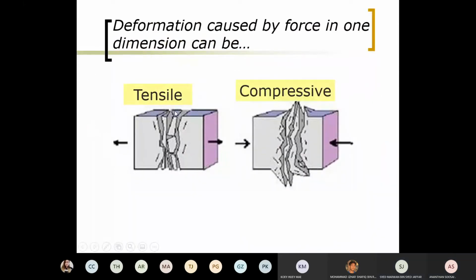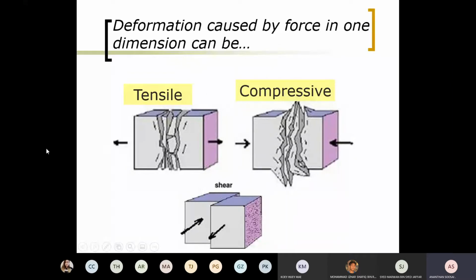Okay, so you can break the material in 3 ways. These are the 3 types of stress we can apply to the material. It's called tensile stress. Tensile, we try to apply force away. So tensile stress. This is compressive stress. You compress them. And this is called shear stress.